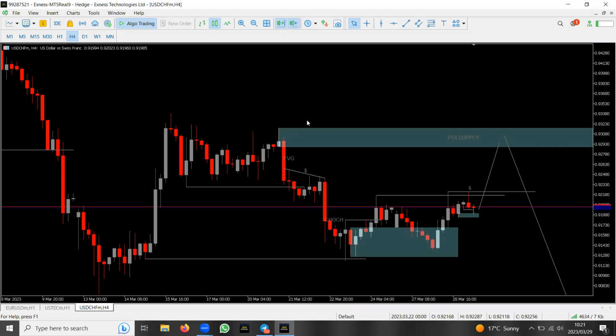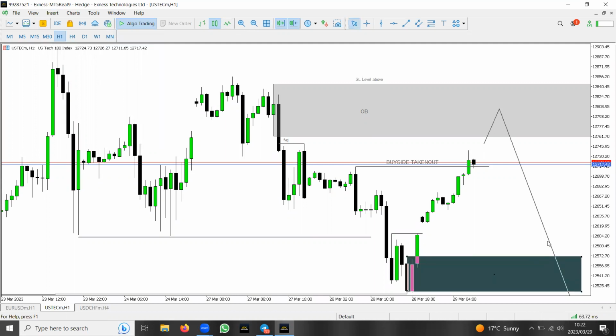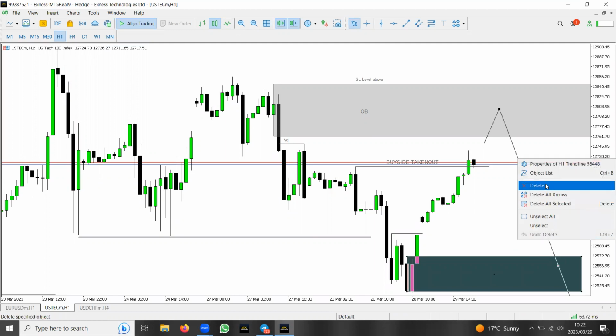Oh, so this is USDCHF. Yeah, we're buying to sell. And Nasdaq will be selling to buy. If we will be selling Nasdaq, I would mark my buying zone to be here.